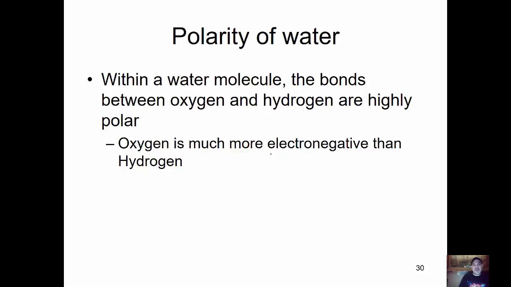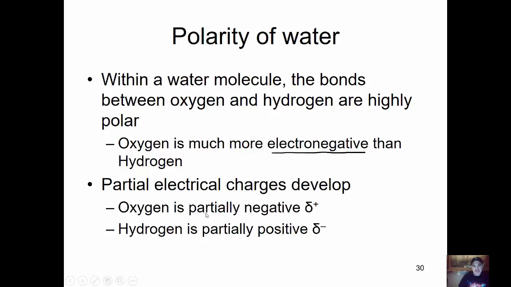Oxygen is much more electronegative, which was defined earlier, than the hydrogen atom. So whenever the two bond, the oxygen ends up having a partially negative charge, and the hydrogen is going to have a partially positive charge.